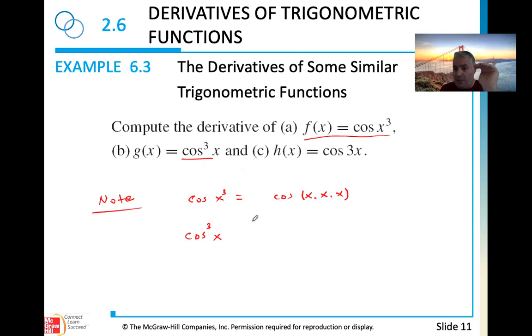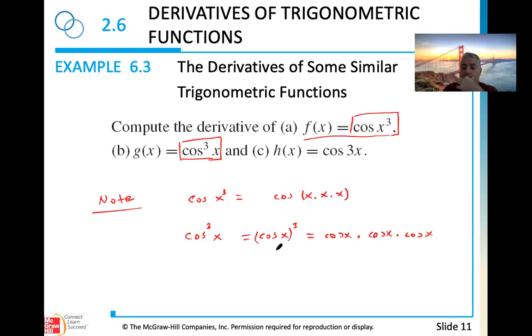This comes from trigonometry. It's a default, not a rule, just a definition. It is cosine of x to the power of 3, which means cosine of x times cosine of x times cosine of x. Is it clear now? The difference between cosine of x cubed and cosine cubed x. Is it okay or not?